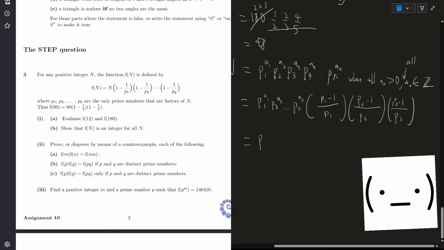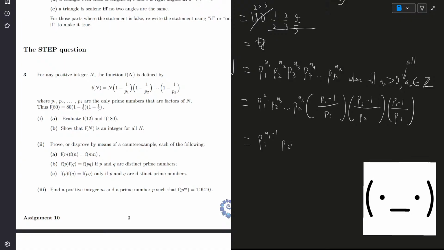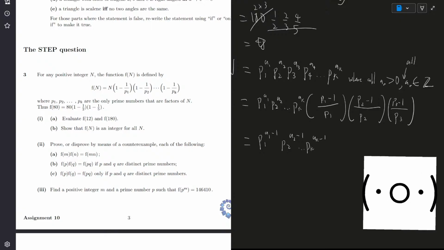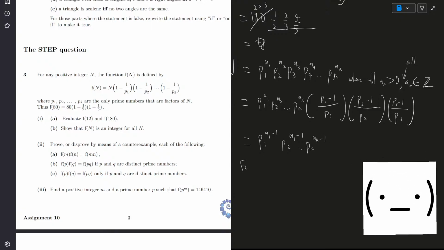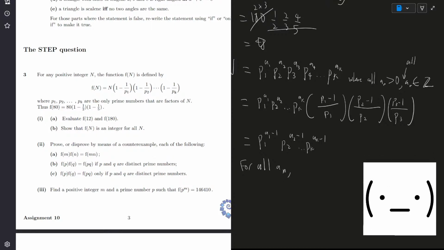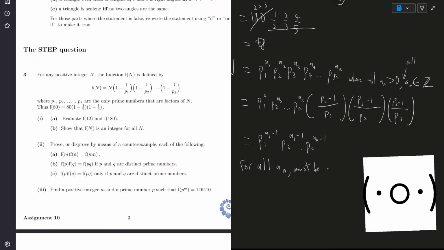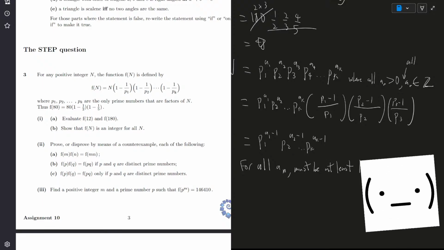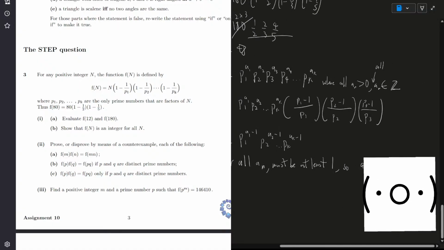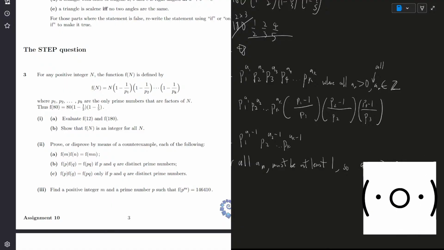So now we have p1 to the a1 minus 1, p2 to the a2 minus 1, up until pk to the ak minus 1. And since each a_n must be at least 1, a_n minus 1 is larger or equal to 0.